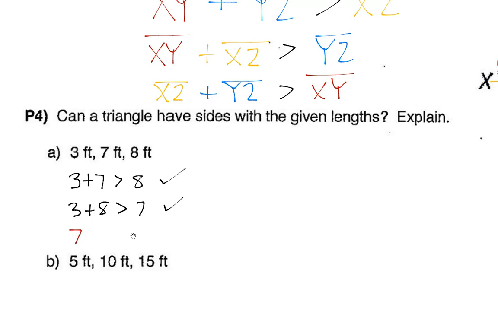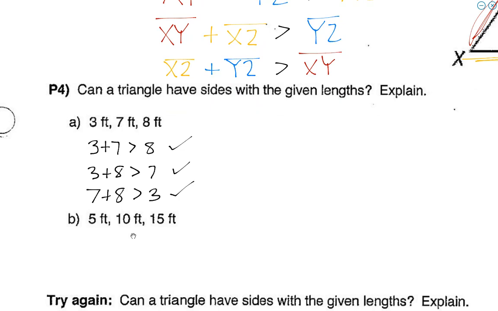And then 7 plus 8 is greater than 3. So all three of those need to work out. So yes, a triangle can have those three.